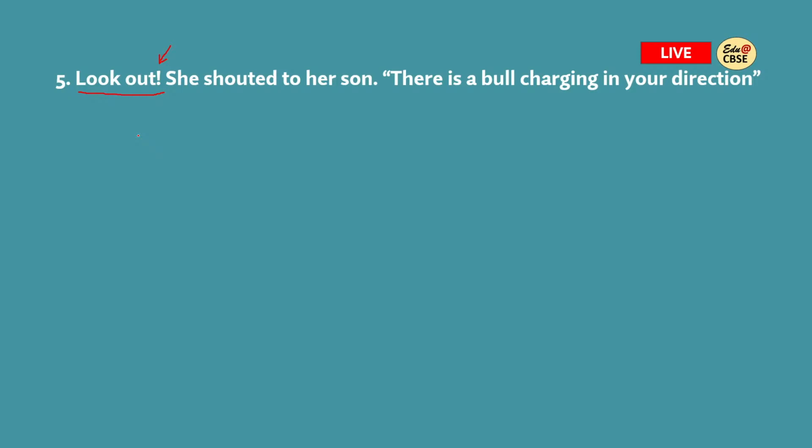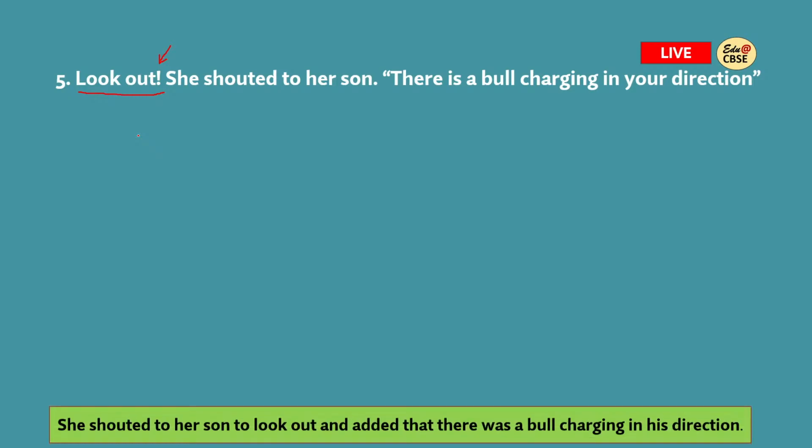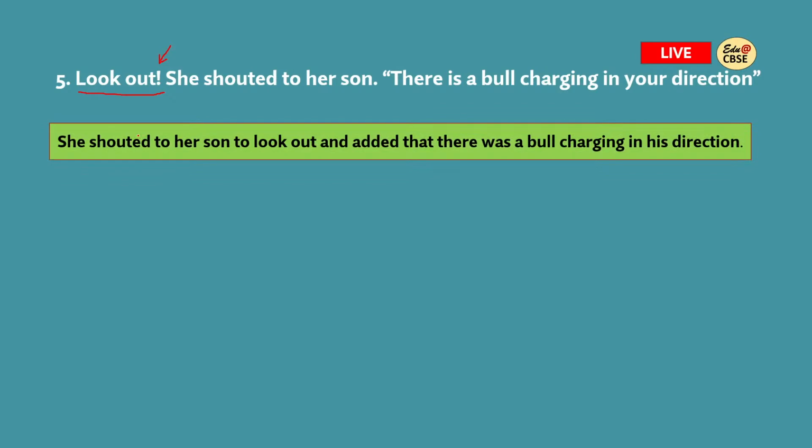She warned her son to look out and shouted that there was a bull charging in his direction. I think Harmeet has nailed it. Dhruv: mother warned her son to look out for the bull charging in his direction. She exclaimed to his son that there was a bull charging in this direction. Now this is the answer here.